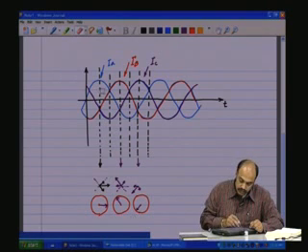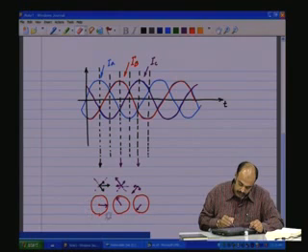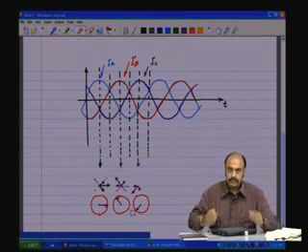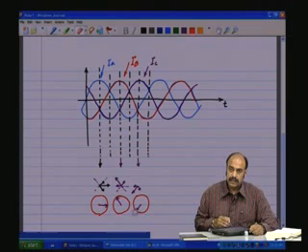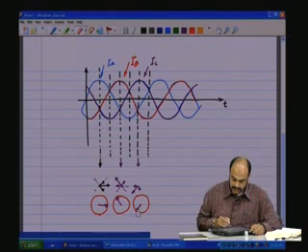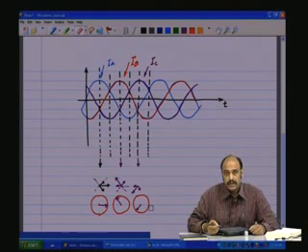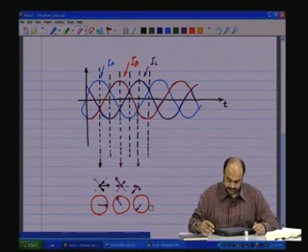So if we smoothly go along the time, you will see that there will be a smooth rotation along this circle, and then you will see that the rotating magnetic field has been created. So this vector which we are seeing here is rotating smoothly around the circle, and that is the rotating magnetic field.